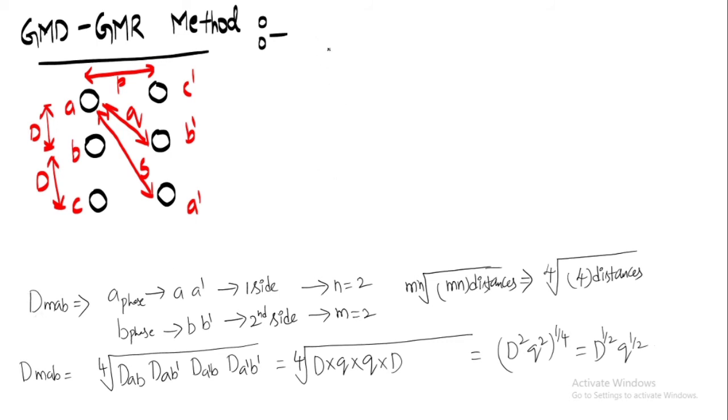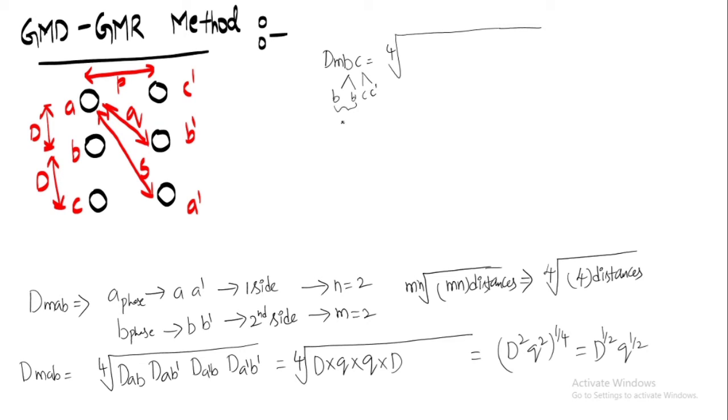Okay. Now DMBC. DMBC is also fourth root of 4 distances. Why fourth root of 4 distances? B phase contains 2 conductors. What are the 2 conductors? B and B dash. C phase also contains 2 conductors, C and C dash.